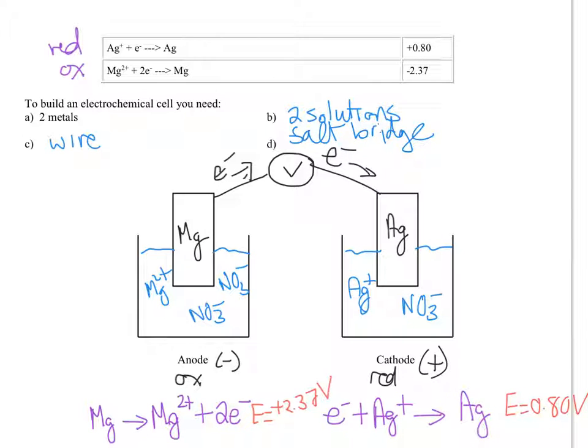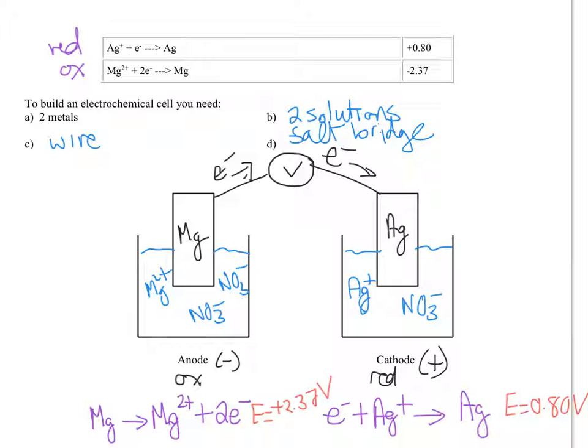A salt bridge is something that can carry ions. So typically in the lab, the salt bridge is basically a piece of filter paper that you dip in some salt solution, some ionic solution. In AP Chem, when I did a demo for them last year, I used a hot dog.